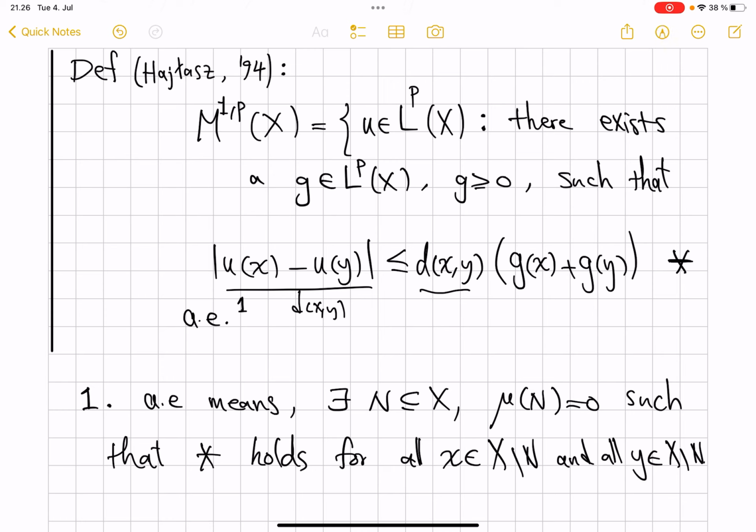If you let y converge to x, this converges to the derivative, and that's an analogy to keep in mind. But there are many subtleties here. We will see later, for example, that this g is actually a global object and seldom equal to 0, even when u is constant on a part of the space.